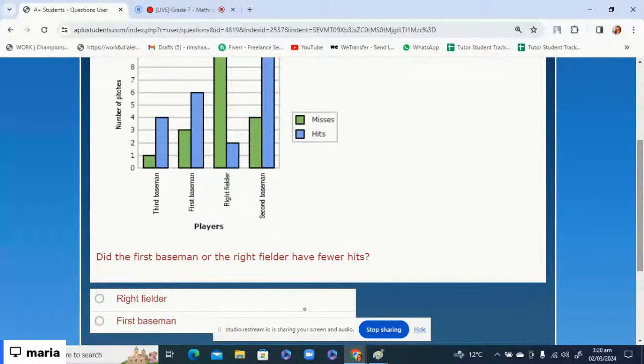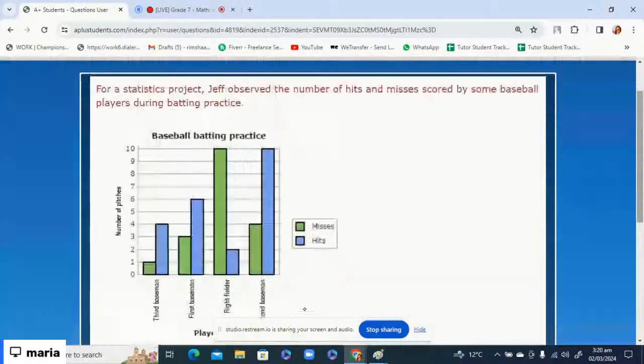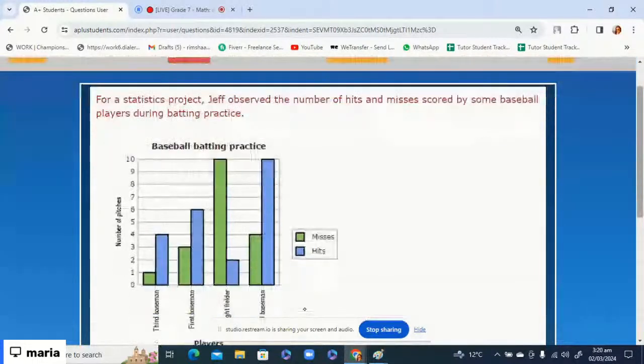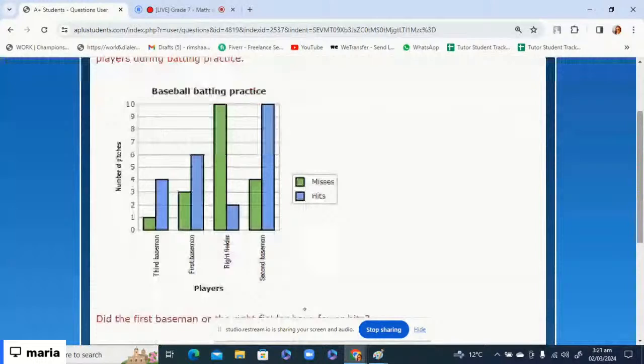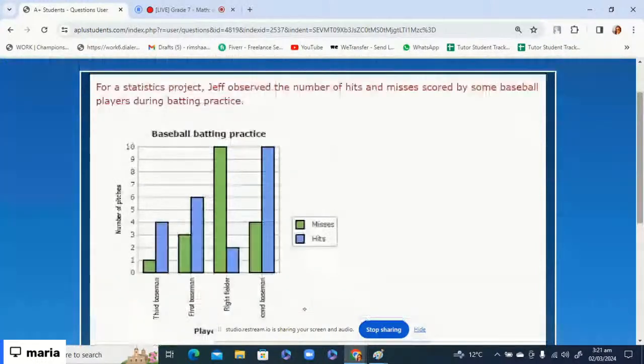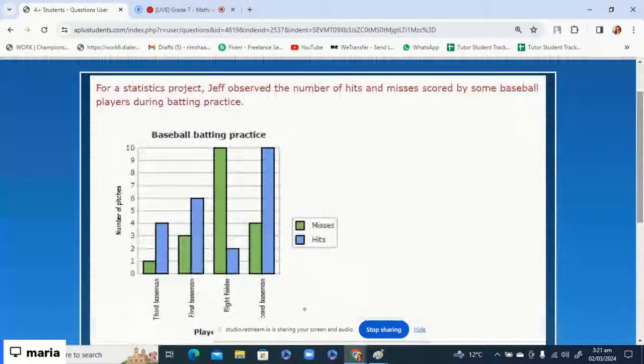So which one is fewer? Obviously the right fielder. We check the blue color because we are finding the hits. For the first baseman the answer is 6, and for the right fielder it is 2. So the fewer hits is the right fielder.